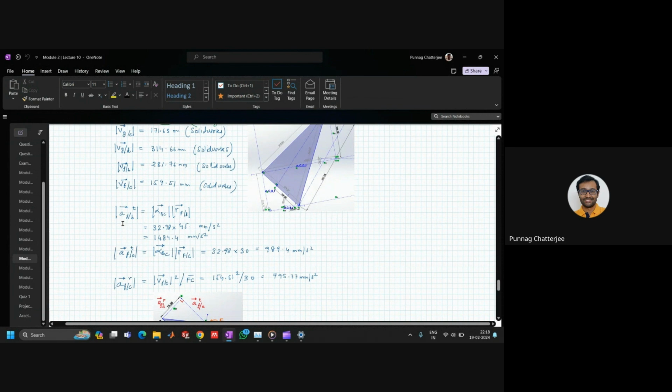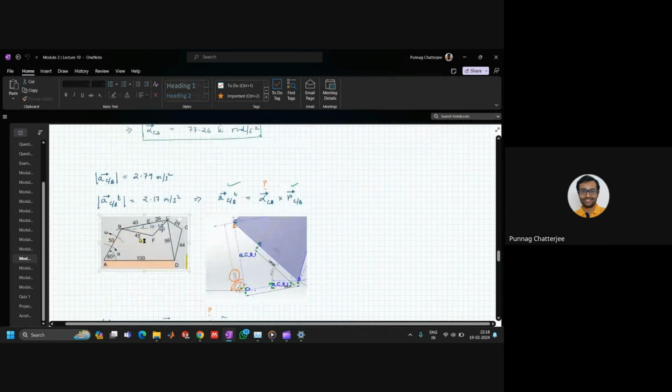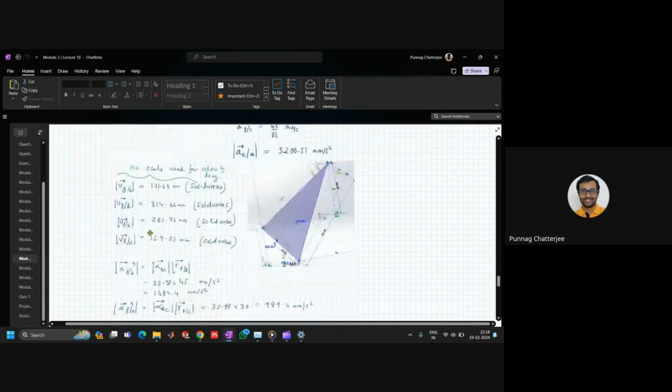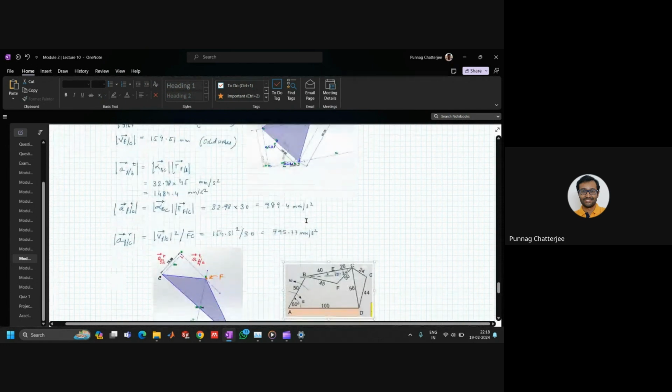Now we can again say that the acceleration of F with respect to B, the tangential, is alpha BC times F with respect to B. And again, let me copy this figure and put it over here. Okay, so the angular acceleration of BC we have found out.